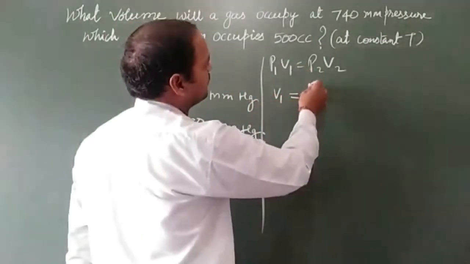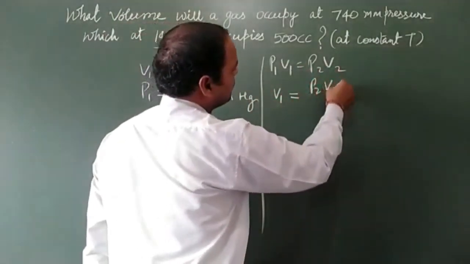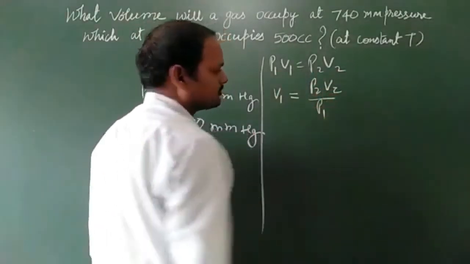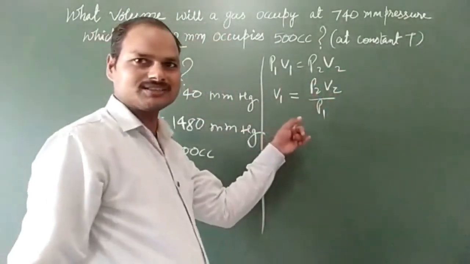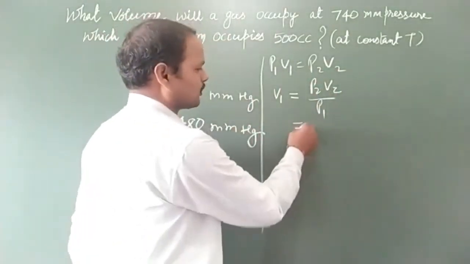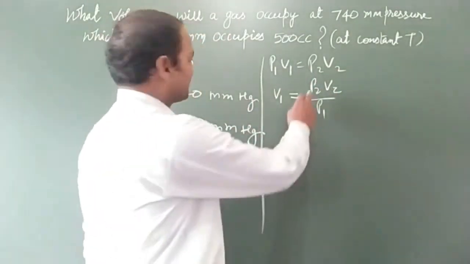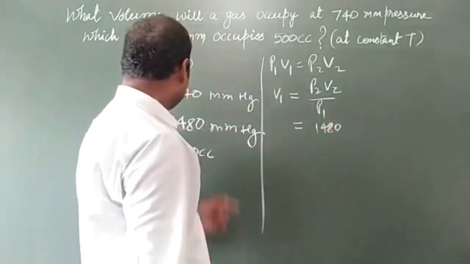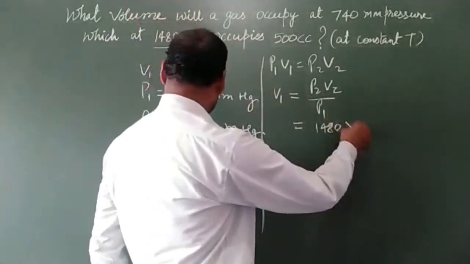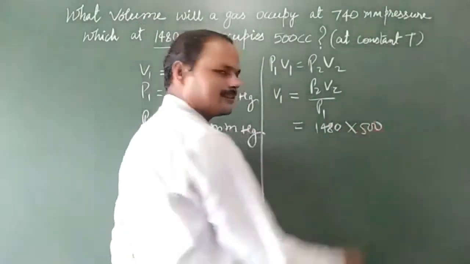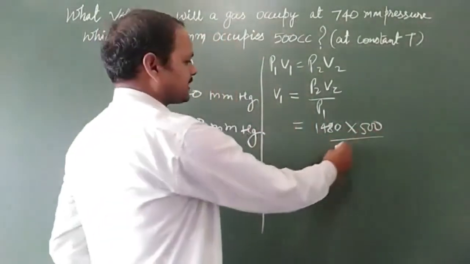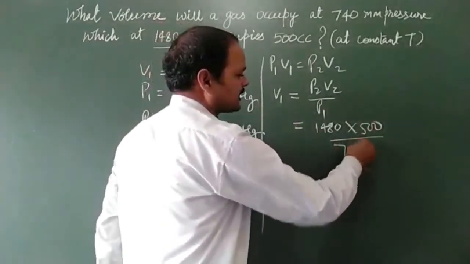Therefore V1 will be equal to P2 V2 upon P1. Now put the values which are given here for the right side terms. Pressure P2 is given, that is 1480. Volume V2 is given here, that is 500. And see P1 is given, that is 740.